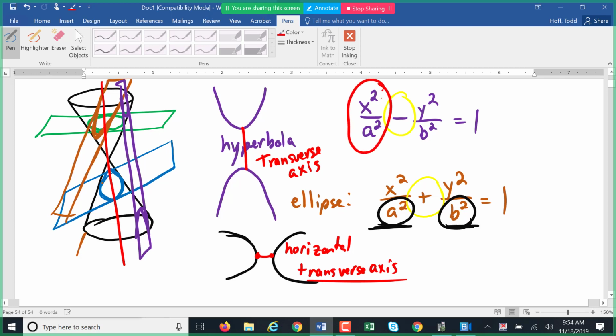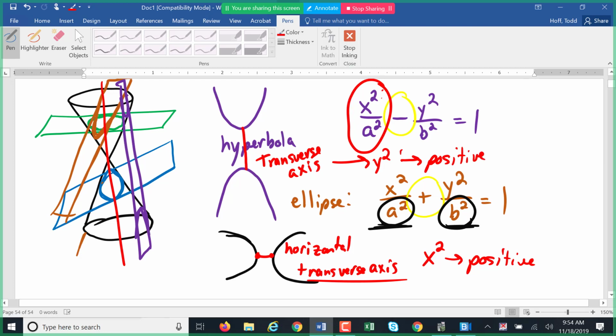This one here, because x is first in the equation, the x squared is positive technically, it's a horizontal transverse axis. If the y squared is positive, then we've got that vertical transverse axis.